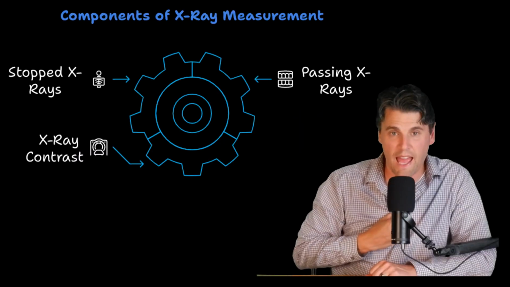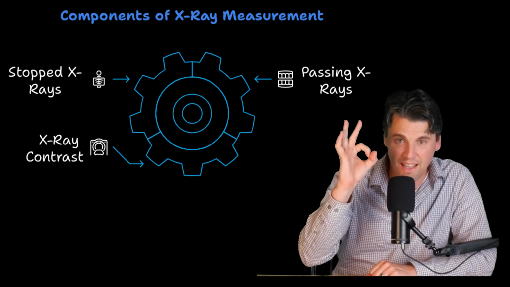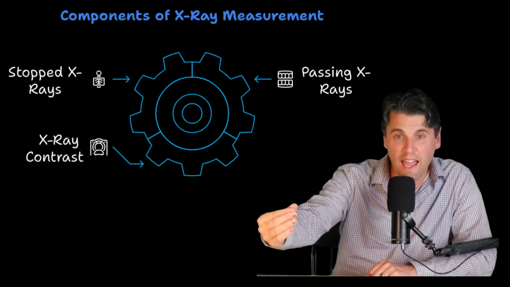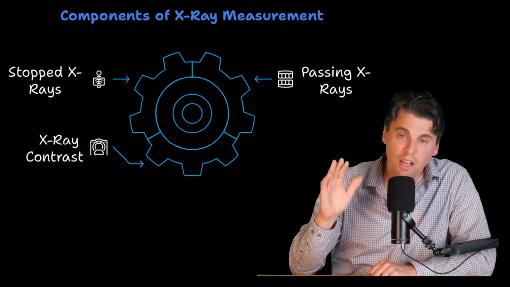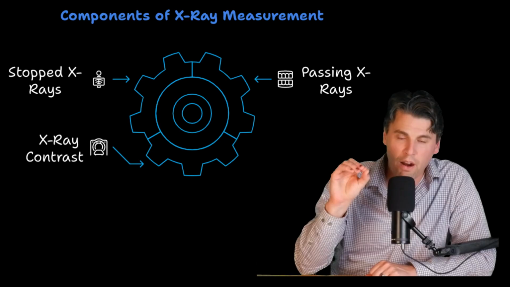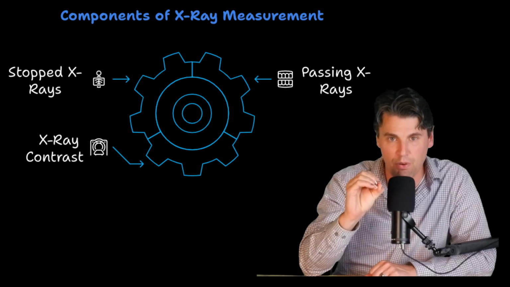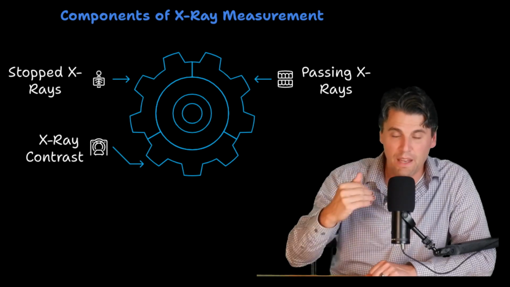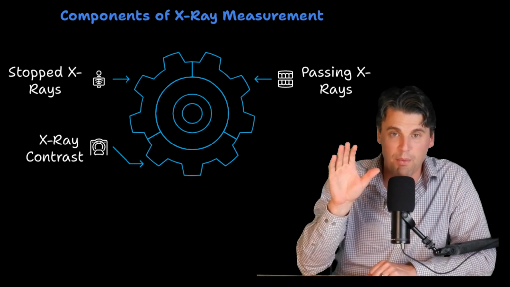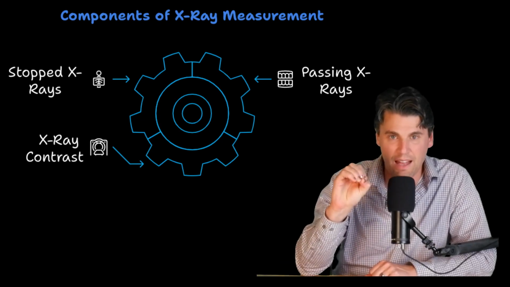You typically have millions to billions of X-rays in an area this size, and those X-rays are going to be measured, and we're going to figure out where more of the X-rays stopped and where more of the X-rays are passing through. The difference between where more of the X-rays stopped and where more are passing through the body, that is the X-ray contrast.